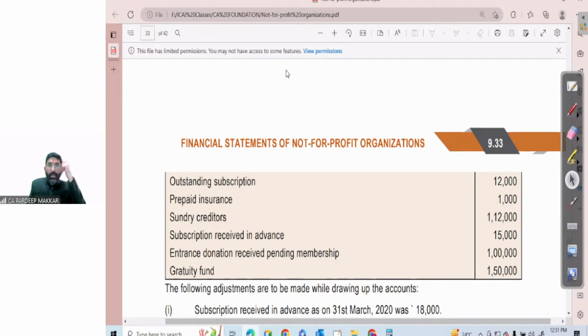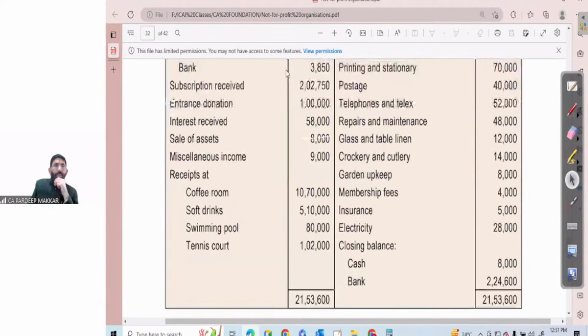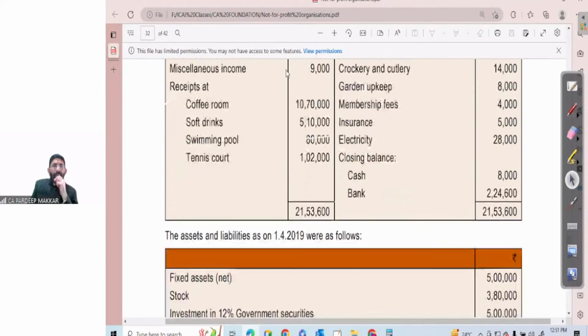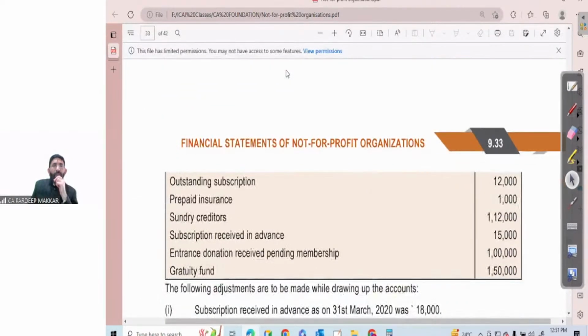So what does it mean for entrance donation received pending membership? Above is entrance donation, that is 1 lakh which is received by us. He says it includes entrance donation received pending membership. What it means is that this amount is received, but membership is not yet given to them.